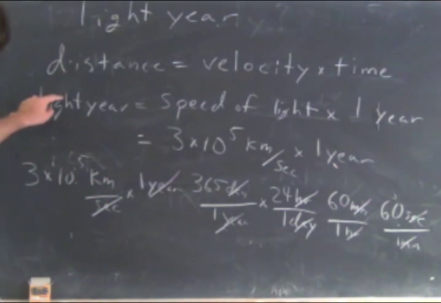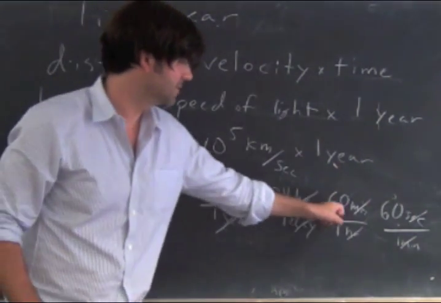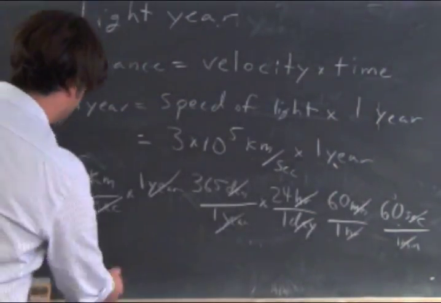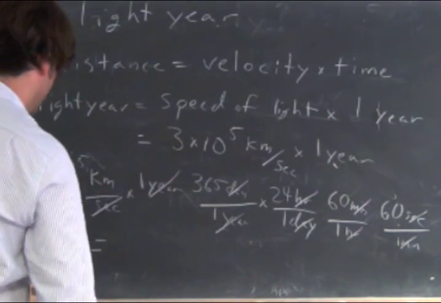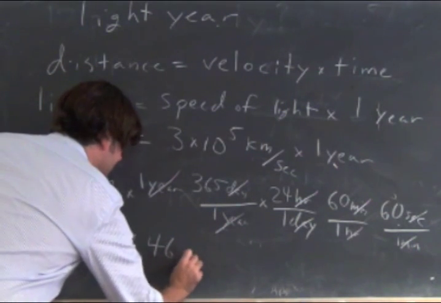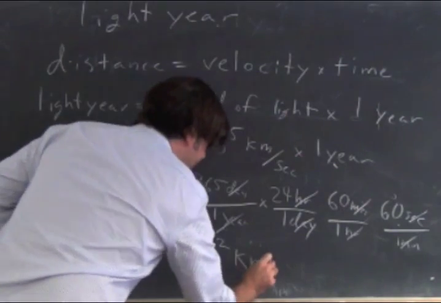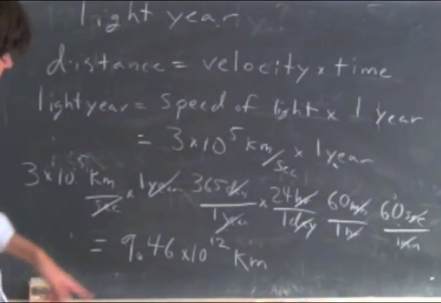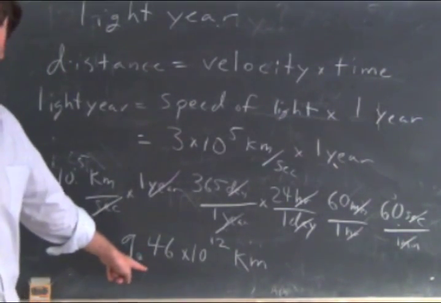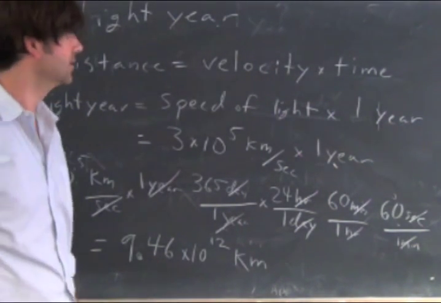So this tells me that a light year is 3 times 10 to the 5th kilometers times 365 times 24 times 60 times 60. And that, when you work it out, is 9.46 times 10 to the 12th kilometers. Okay, super. So let's remember that 1 light year is 9.46 times 10 to the 12th kilometers.